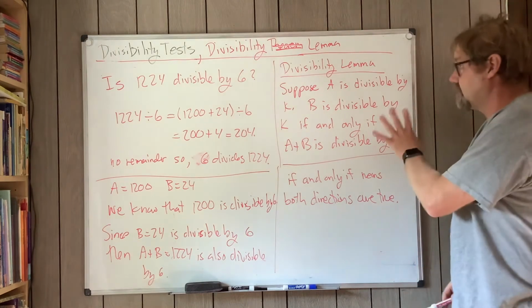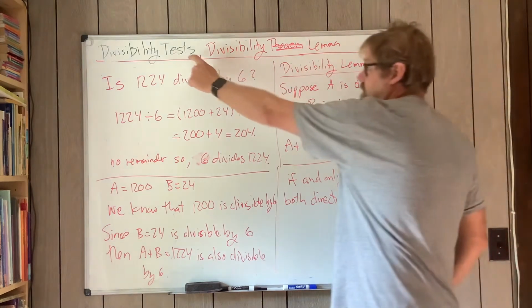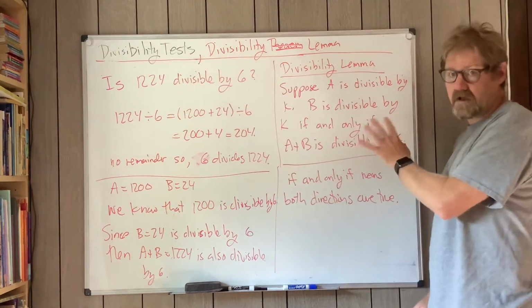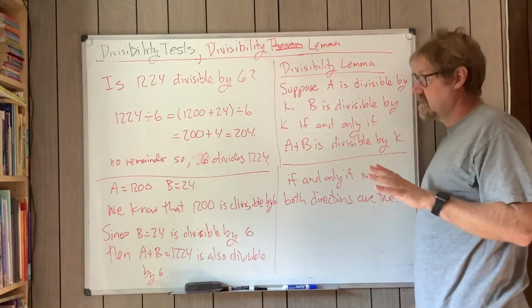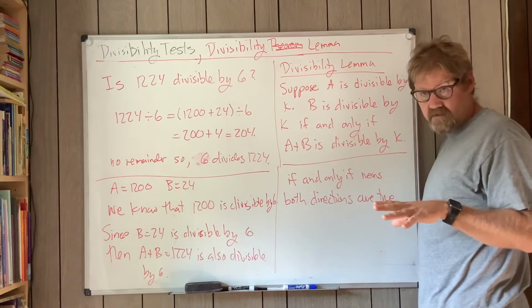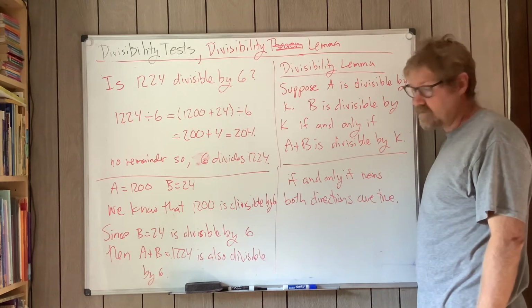One of the things about all of these lemmas, and when we do divisibility tests, is they're basically all going to be these little lemmas. I always think about these as shortcuts. We're breaking down the problem into smaller pieces.